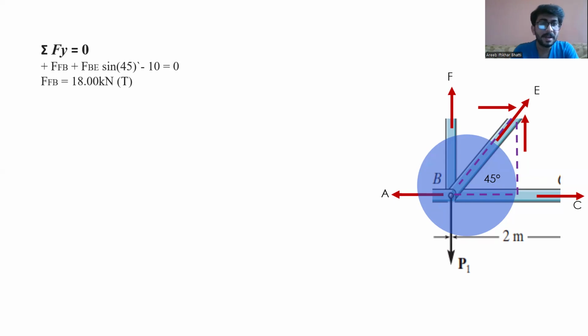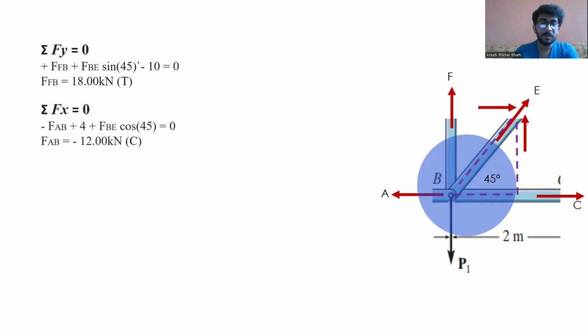So when we apply the forces in y direction, we get positive force in member FB and positive force in member BE with vertical component sine of angle 45 and a negative downward force. So we get force in member FB, which is equal to 18 kilonewton. And you see this member is also in tension.